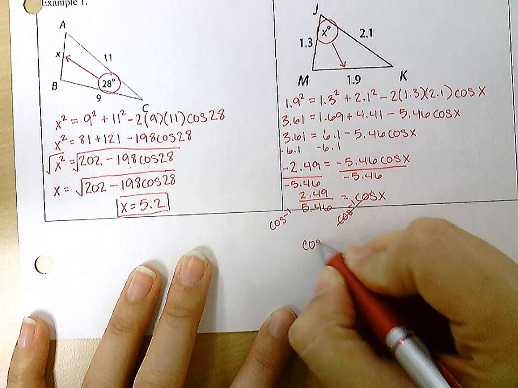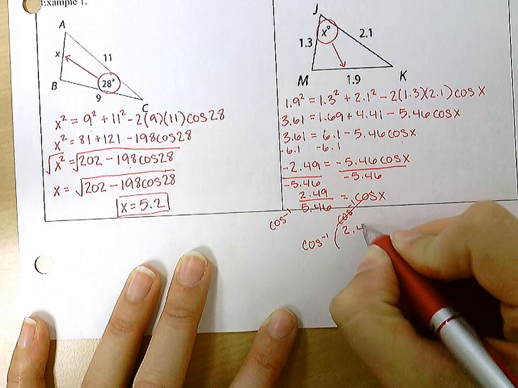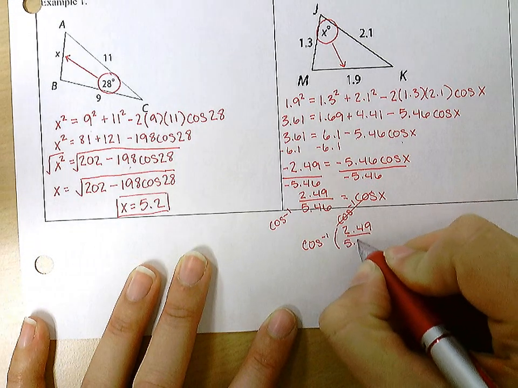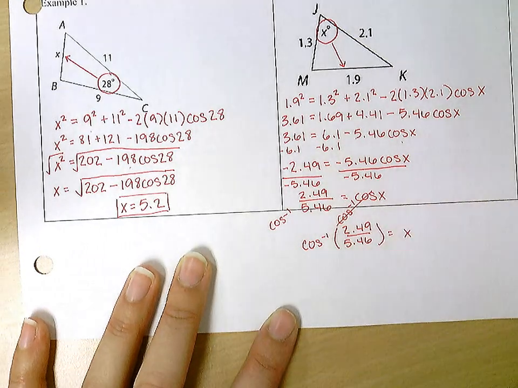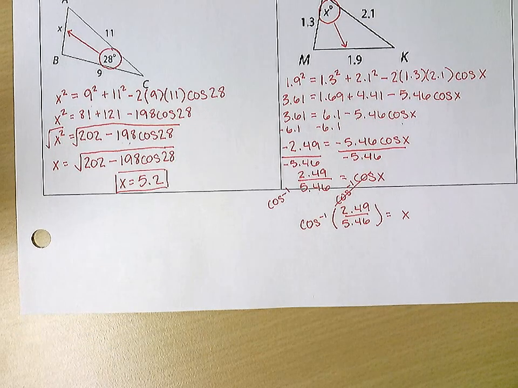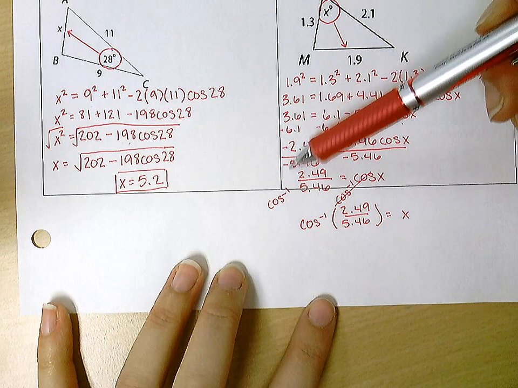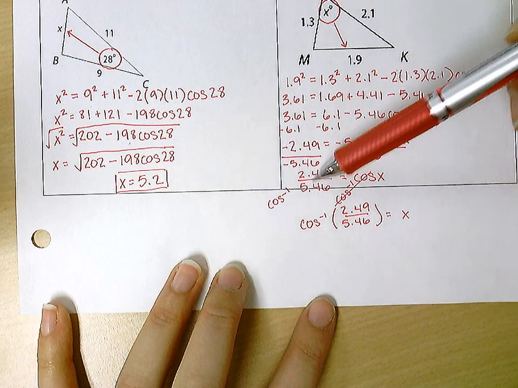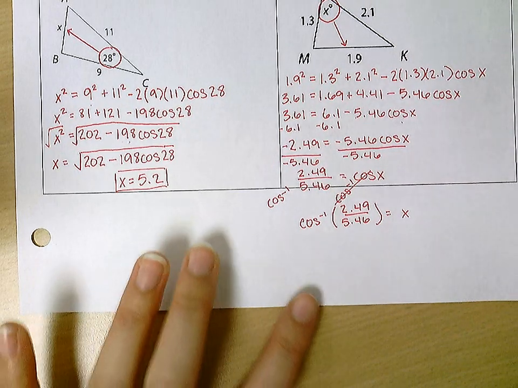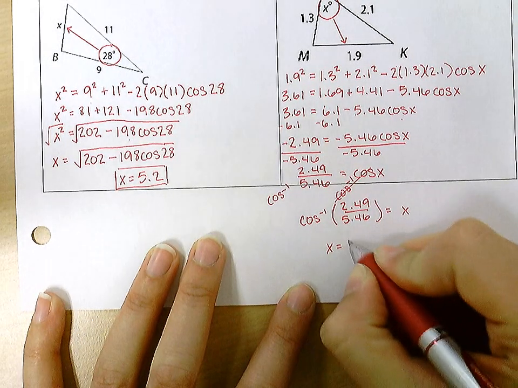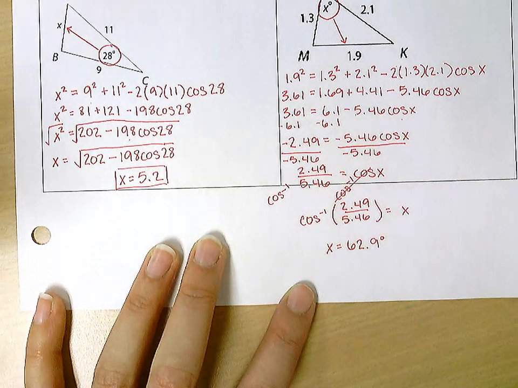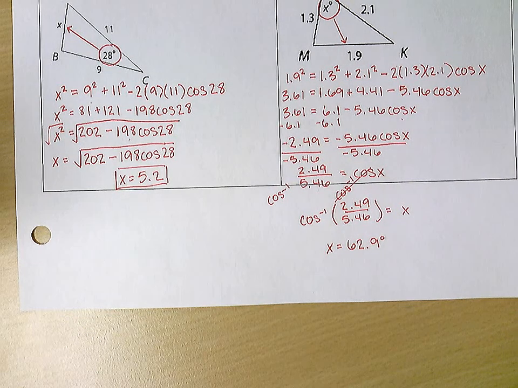So I have cosine inverse of 2.49 over 5.46, and that'll equal x. And that is what you want to enter into your calculator then. So cosine inverse of that fraction. Yeah, because if I divide a negative by a negative, it's just a positive. It is 62.9 degrees.